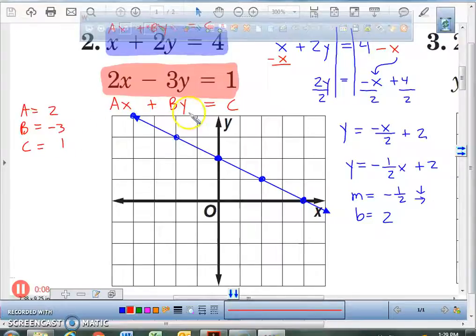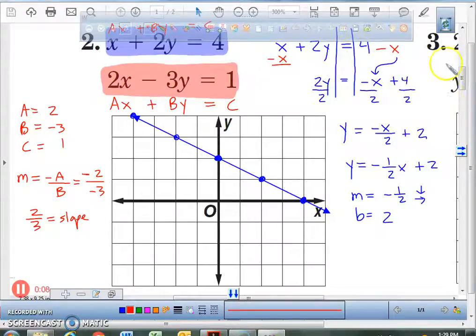Now, if this is in standard form, slope, your m value, will always be the negative version of a divided by b. Let's think about it. I've got a negative sign, right? What's my a value? 2. My b value is a negative 3. Negative 2 divided by negative 3. So guess what this is? This is equal to our slope.